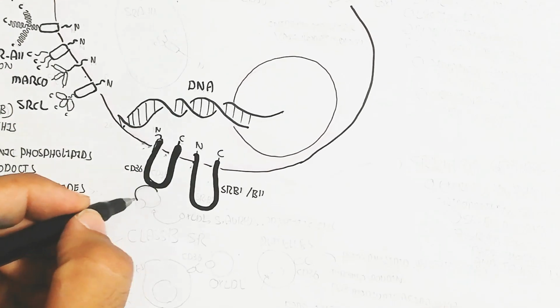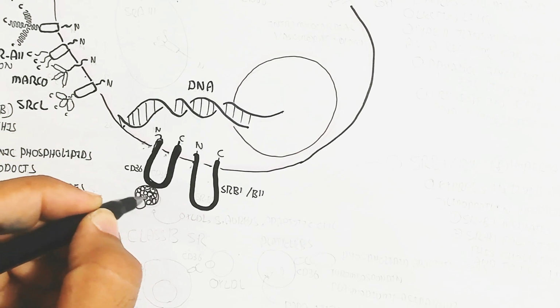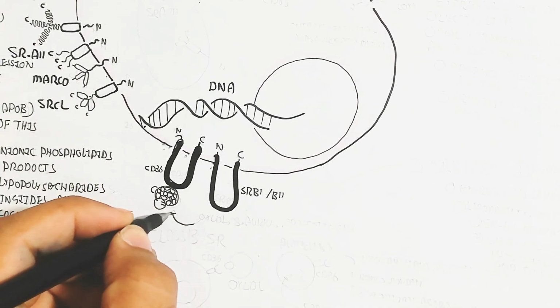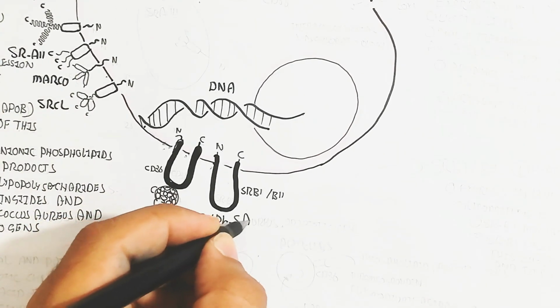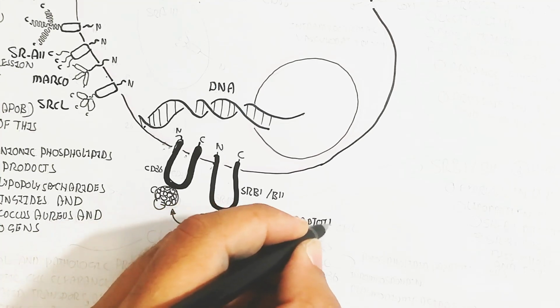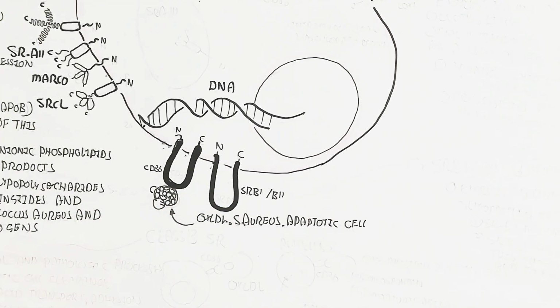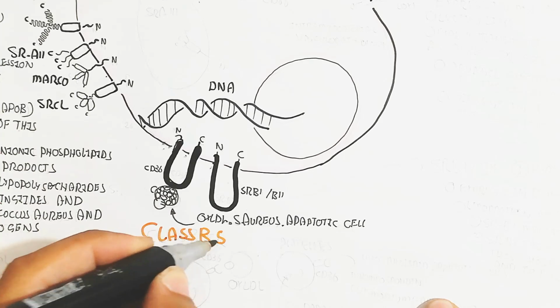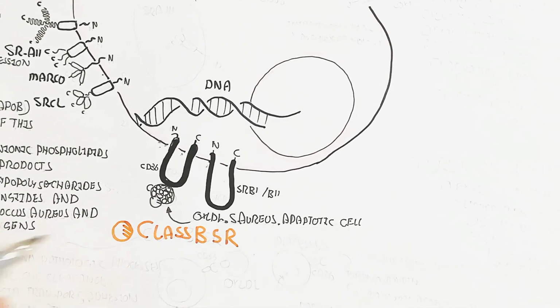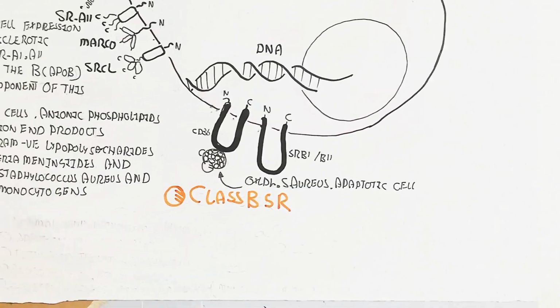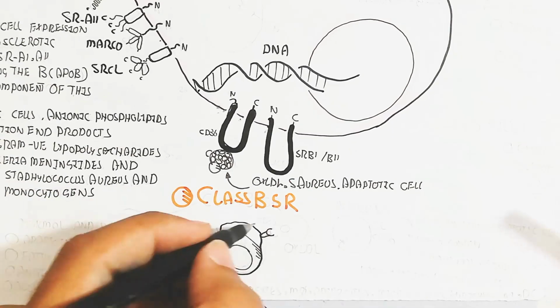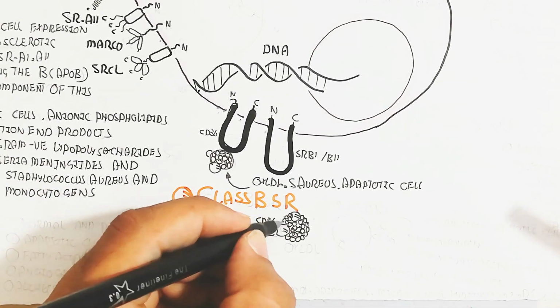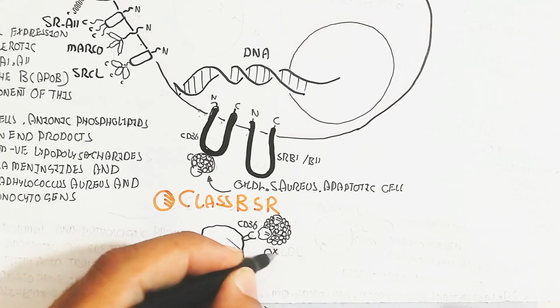But class B is the scavenger receptor CD36. Both the N-terminal and C-terminal are cytoplasmic domains. In this way, scavenger receptors B1 and B2 are involved as well as CD36.